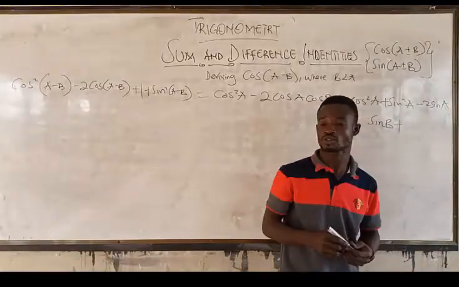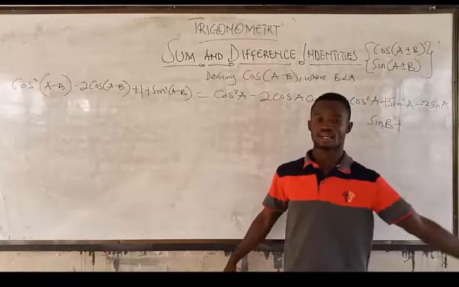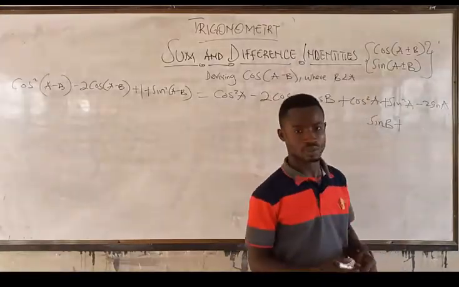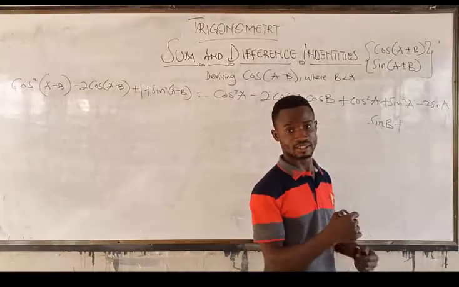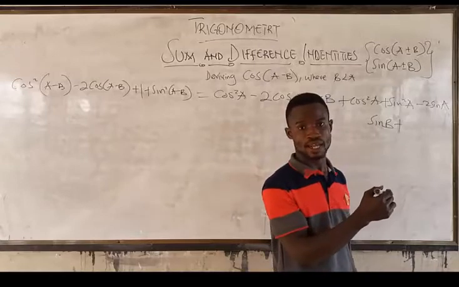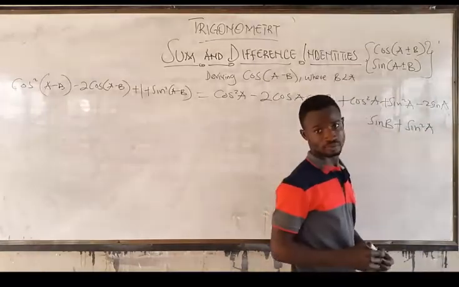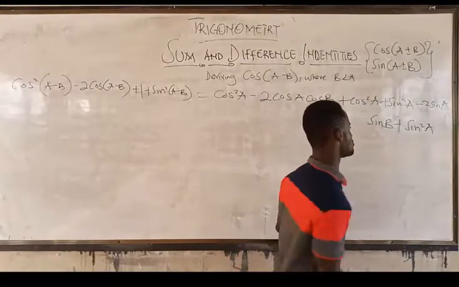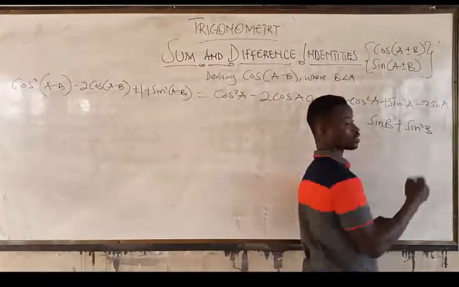You can also choose to do the right hand side, then after that, come and do the left hand side. Alright, plus sine square A, sine square B rather. They are all just algebra.